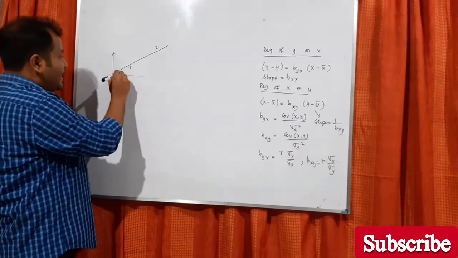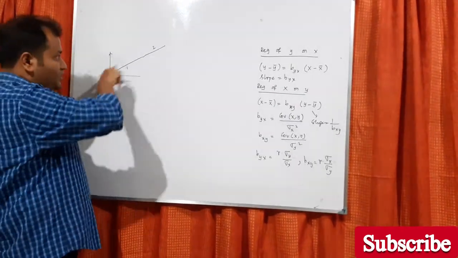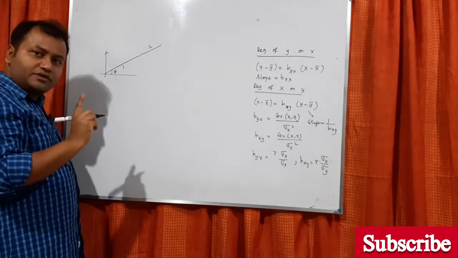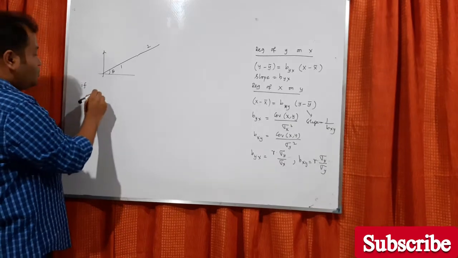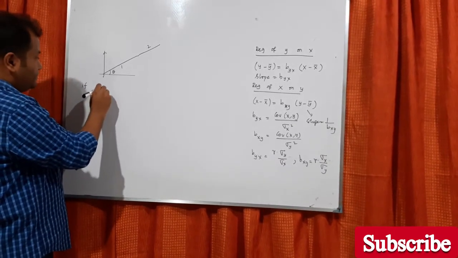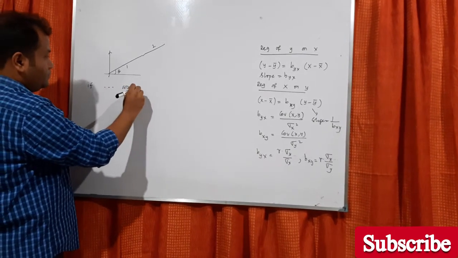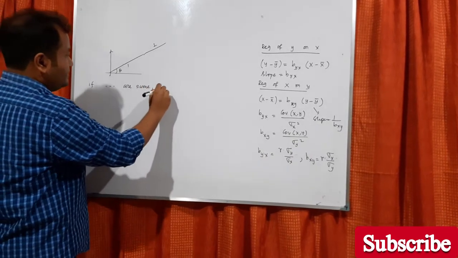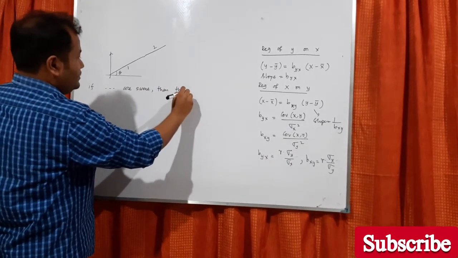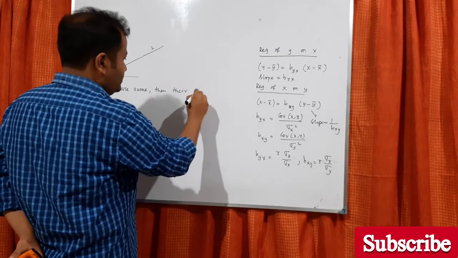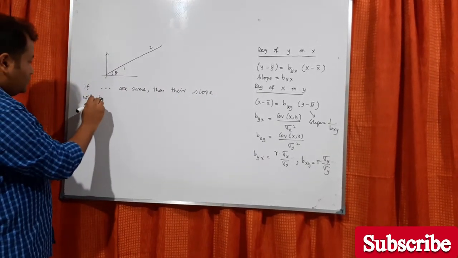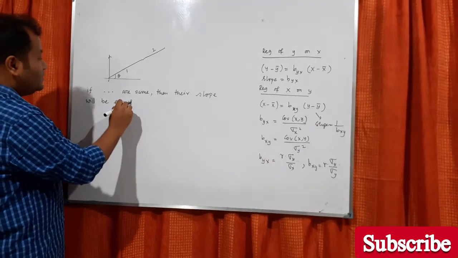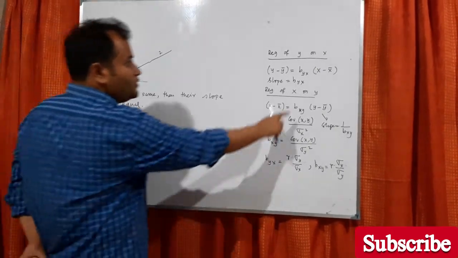That means the angle should be the same, so the slope should be the same. So if these two are the same, then their slope will be equal.